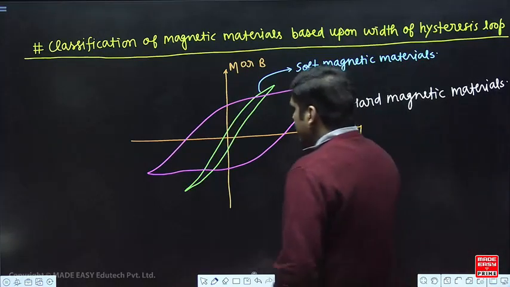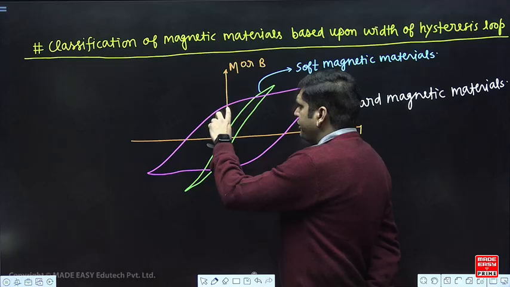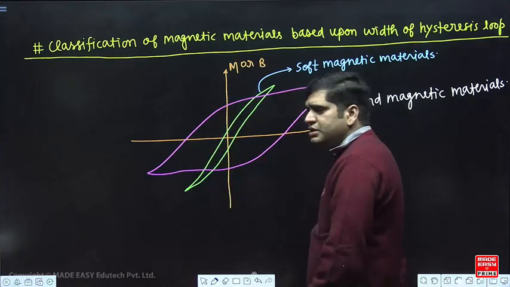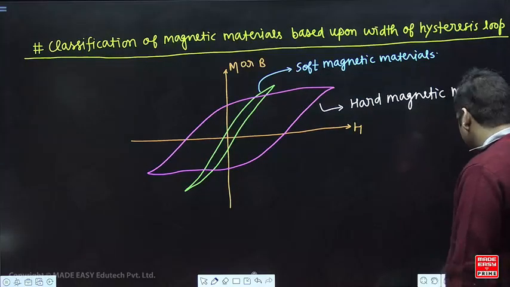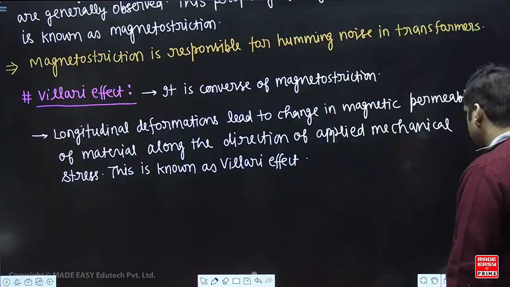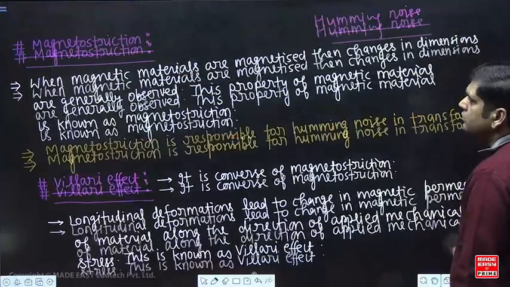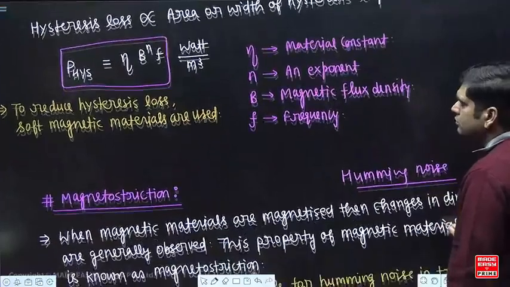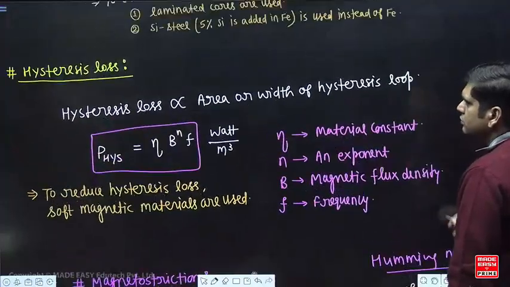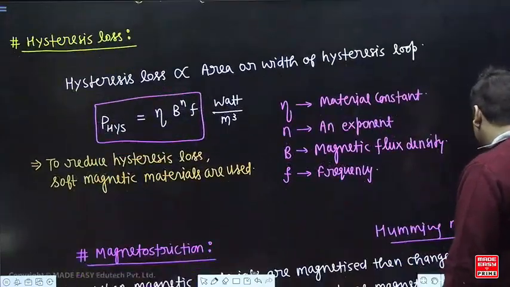You see, in the hard magnetic material, retentivity and coercivity is high. One thing which I forgot to tell you here.